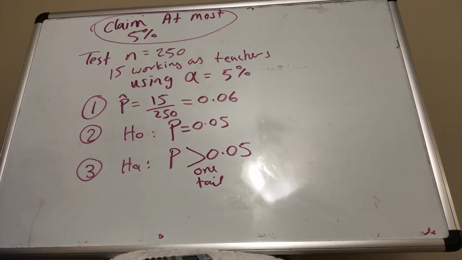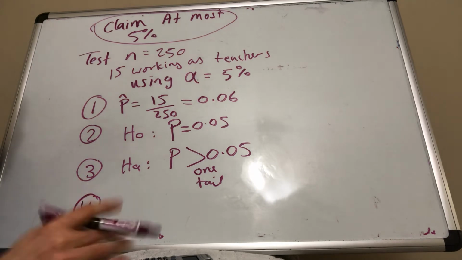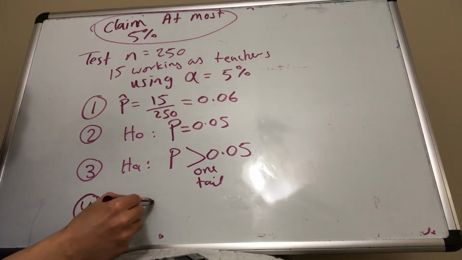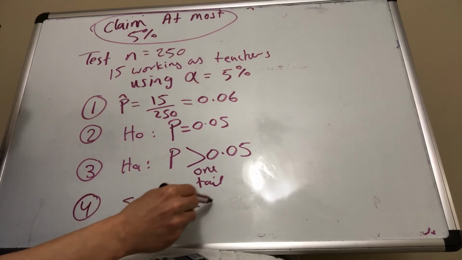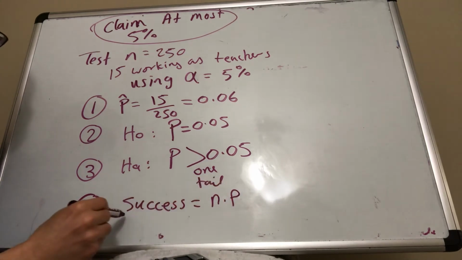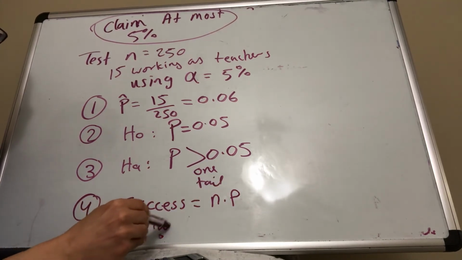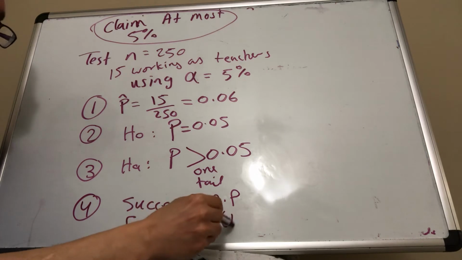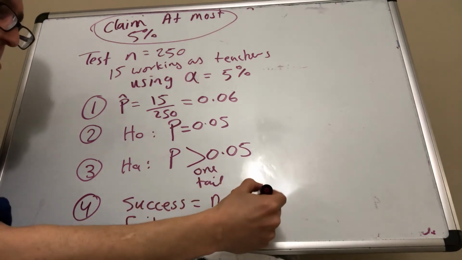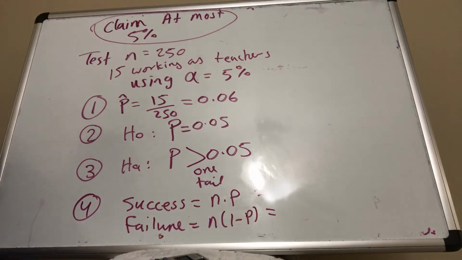They want to test the success and failure condition, if this condition is met. Now, for the success, you take your n times p, and for the failure, you take n times 1 minus p, and if these numbers are more than 10, the condition is satisfied.